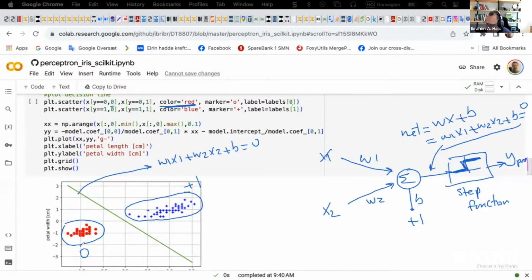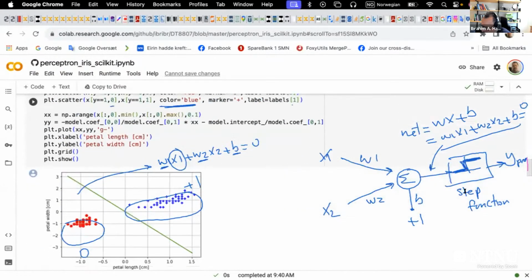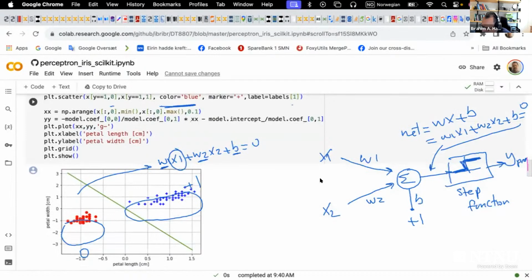How can we plot this line? It's simple. You have the value of omega 1, the value of omega 2, and the value of b. So we just need to assume some values for x1. If you look at this graph, the x value may be between -2 and +2, for example.